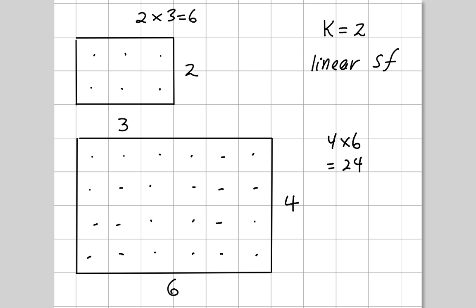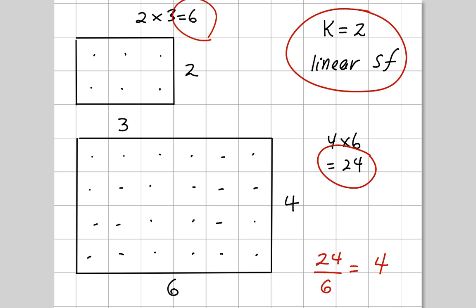So what has happened to the area? The original area was 6, and the new area is 24. Divide those. 24 divided by 6 is 4. How does it relate to the original scale factor? It's squared. K squared is 4, the area scale factor.